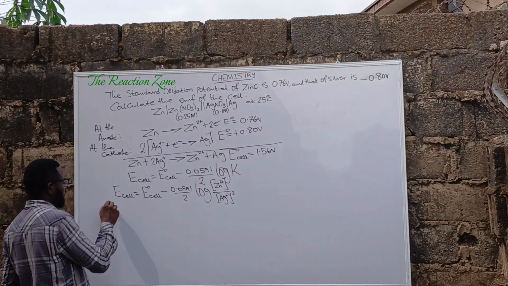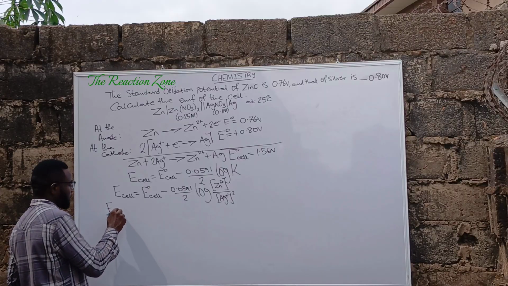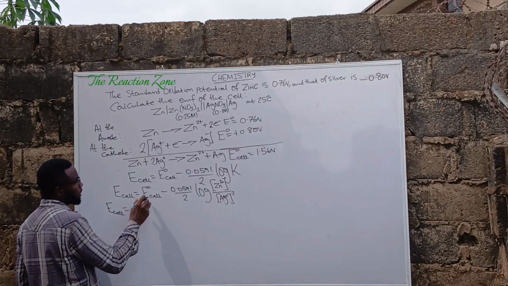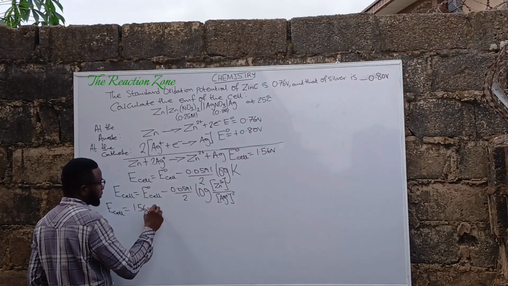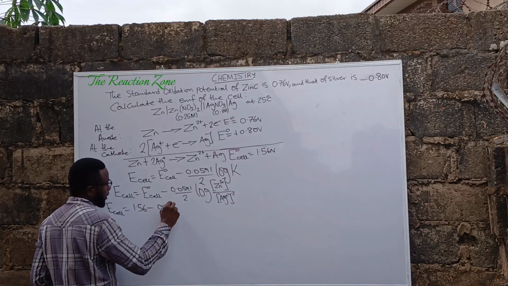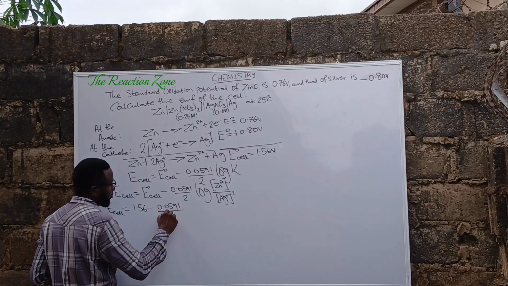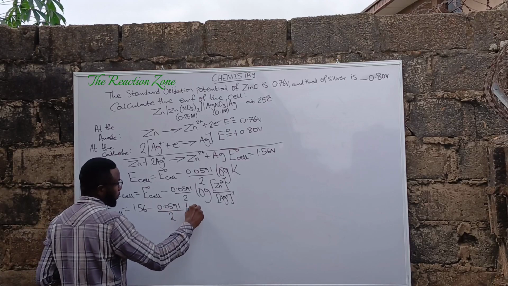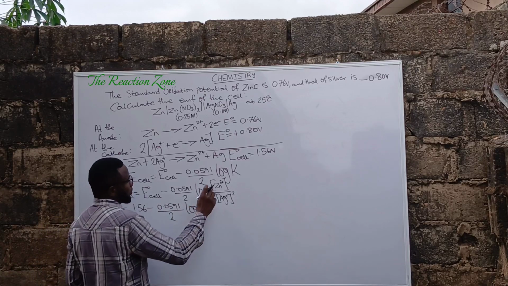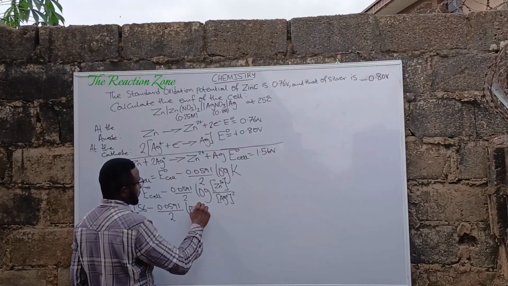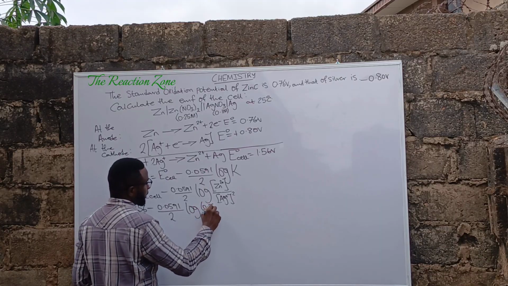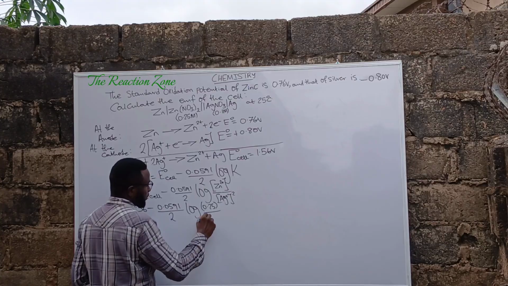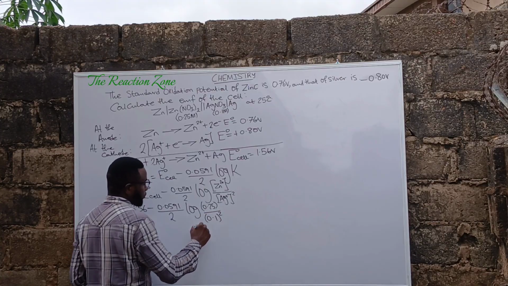So inputting these values, you have that your E cell is simply going to become E naught cell, which is 1.56 minus 0.0591 divided by 2 log 0.25 over 0.1 raised to power 2.